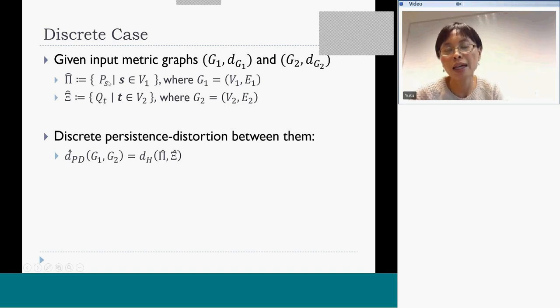We call these two image sets half phi and half psi. The discrete persistence distortion is defined as the Hausdorff distance between these two discrete sets of images.